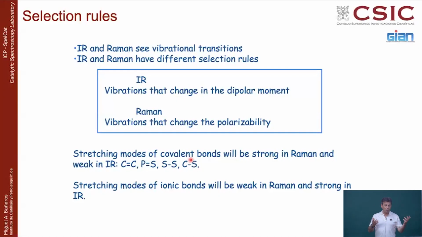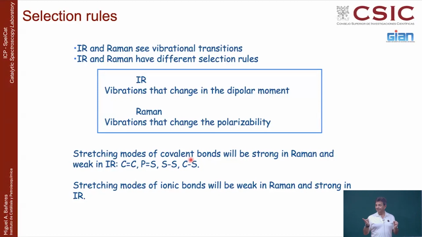The selection rules. In a very general, very qualitative, very intuitive manner, the major keys of selection rules is like, okay, both of them are looking at vibrational transitions, that we know. But they have different selection rules. The infrared in general is much more sensitive to vibrations where the dipolar moment is changing. What is the dipolar moment?